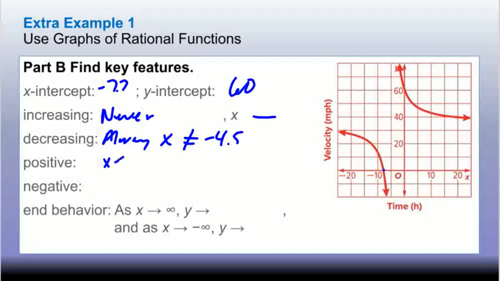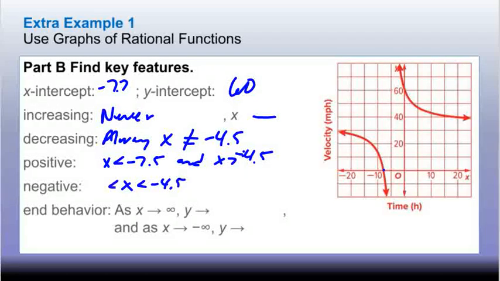When x is less than negative 7.5, and when x is greater than negative 4.5. Negative when x is less than negative 4.5, but greater than negative 7.5.